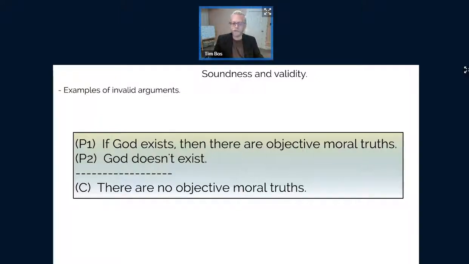In a valid deductive argument, you'll never end up with a false conclusion if you start out with true premises. Okay? That's going to be the main objective in doing logic, right? And if we're thinking of logic as a game, that's the objective, is try to figure out, is it logically possible to have true premises and a false conclusion? If there's any way that that's possible, logically speaking, without contradiction, then it's an invalid argument.